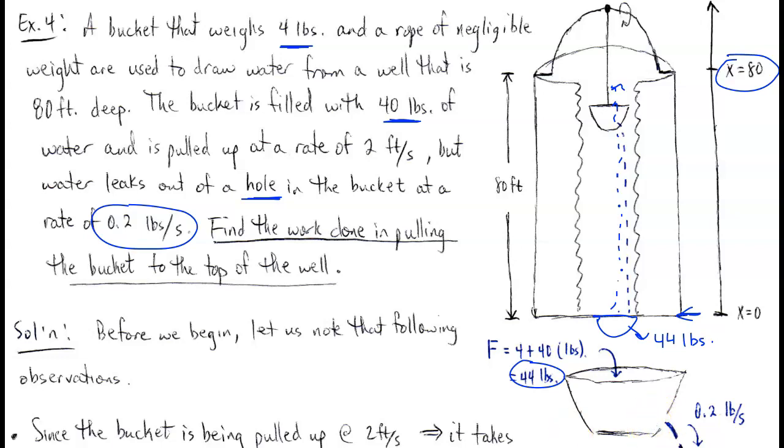Okay. The other thing that is important, though very subtle, is that they tell us the rate at which the bucket is leaking is constant. Anytime we have a rate of something being constant, then by definition, the change in whatever that is, is linear.